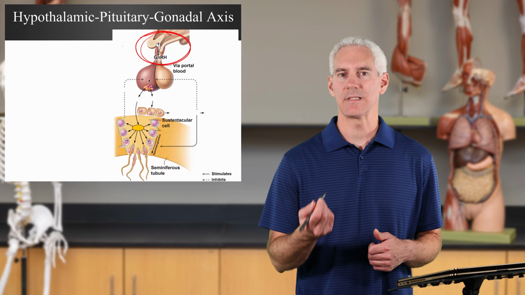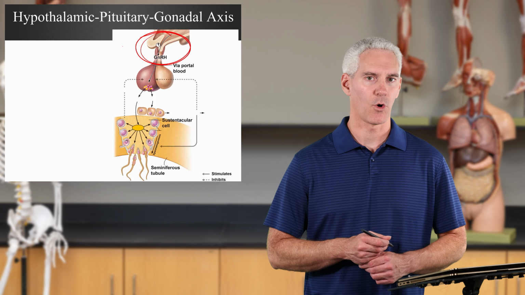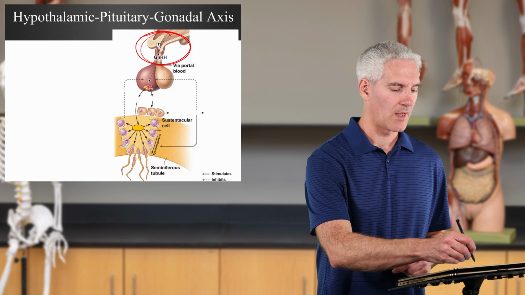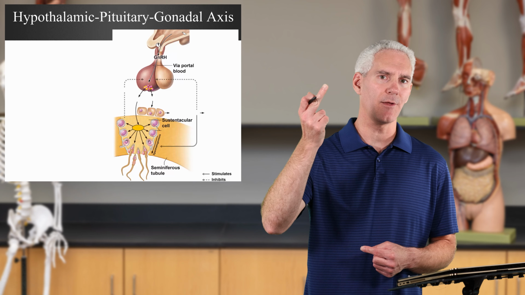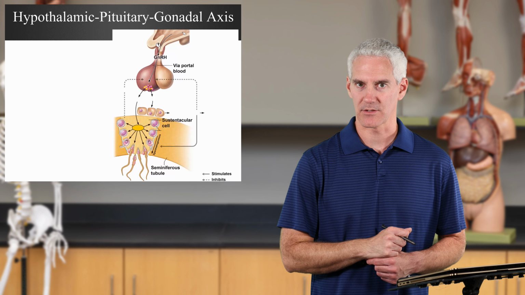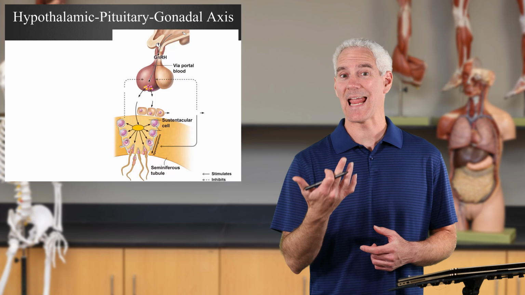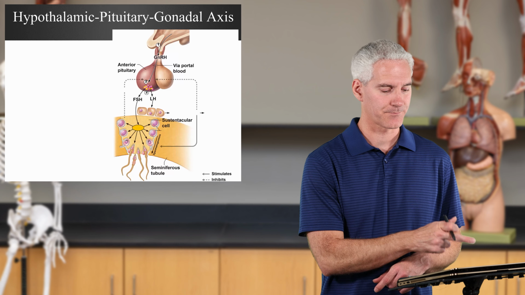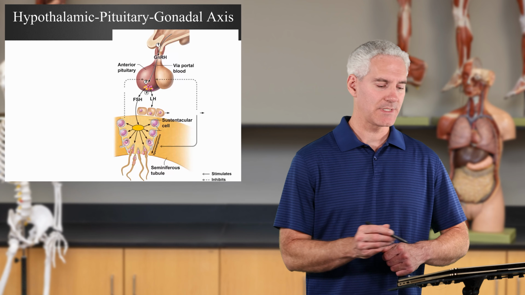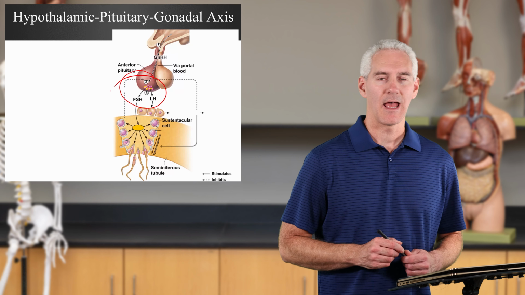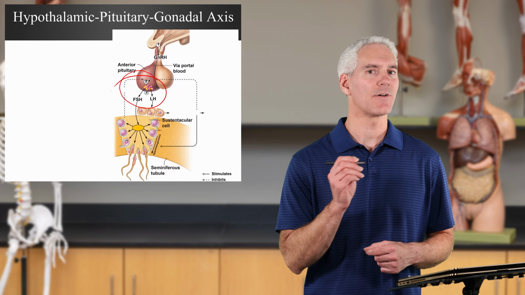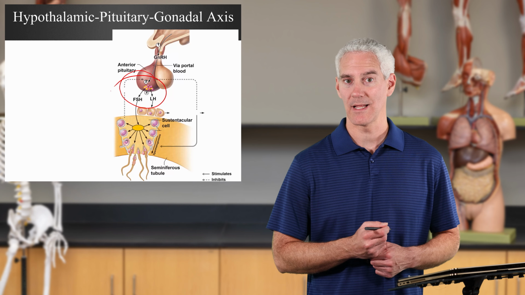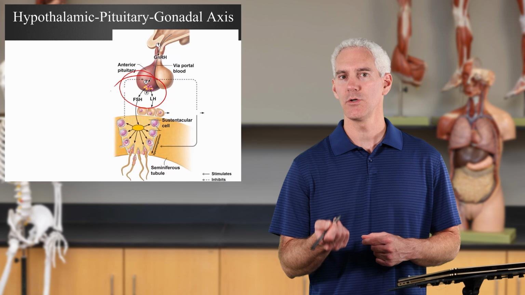The hypothalamus is going to release gonadotropin-releasing hormone, GnRH. That goes from the hypothalamus down to the pituitary gland, specifically the anterior pituitary gland. In the anterior pituitary, we are going to produce and release FSH, follicle stimulating hormone, and LH, luteinizing hormone.